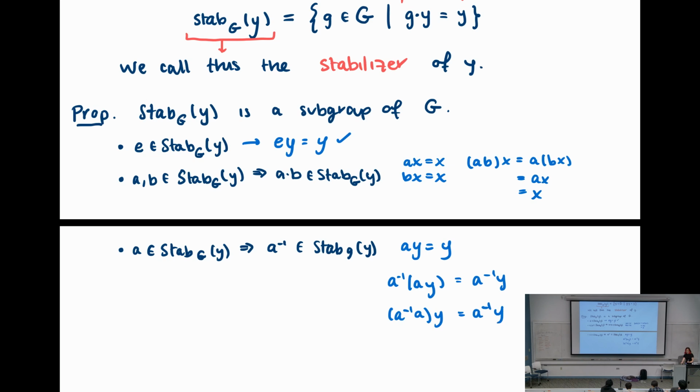And then this is just the identity times Y, which is Y. Okay, good. So the stabilizer is a subgroup. Are there questions?